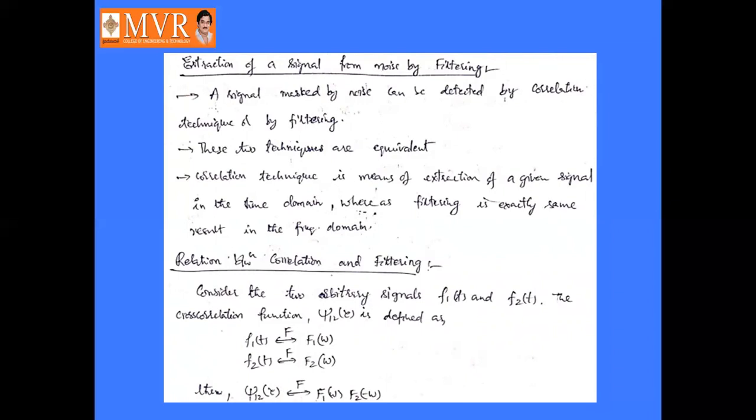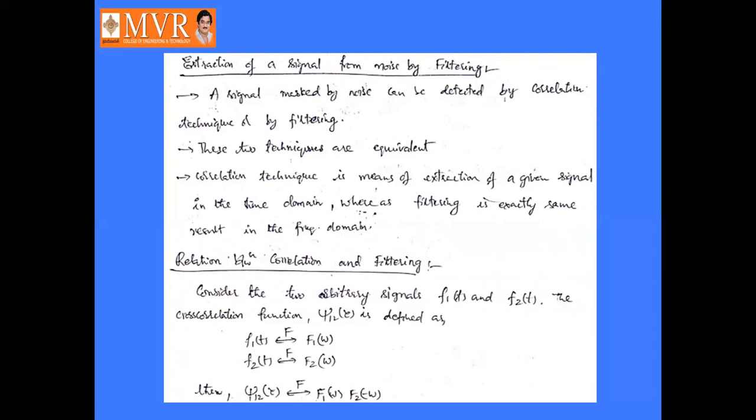A signal masked by noise can be detected by the correlation technique or by filtering. Okay, these two techniques are equivalent. The correlation technique is a means of extraction of a given signal in the time domain, whereas filtering gives exactly the same result in the frequency domain.